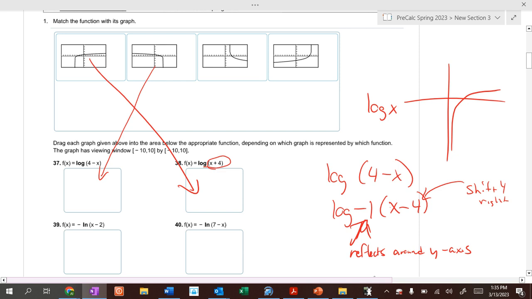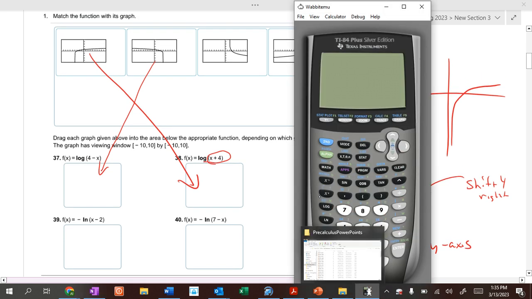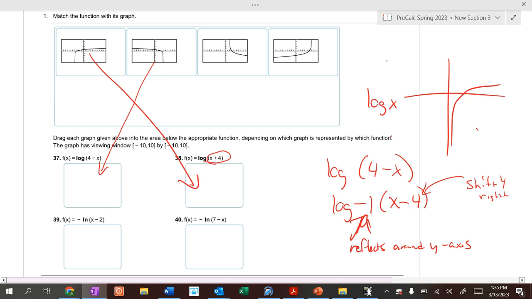Then the natural log, let's just graph the natural log really quick. Y equals, clear. The natural log of x, its graph looks kind of like that. Basically, it's like that. This is the ln of x.